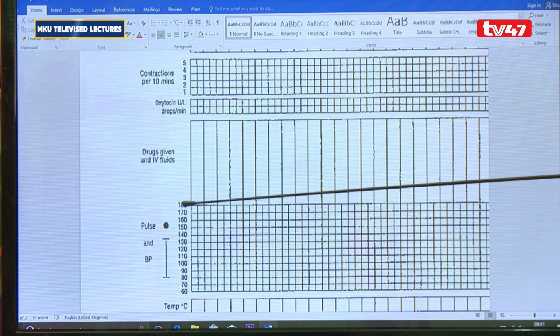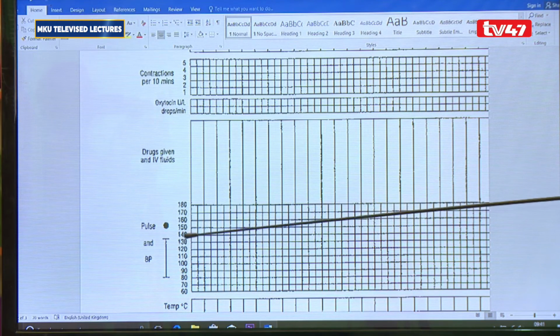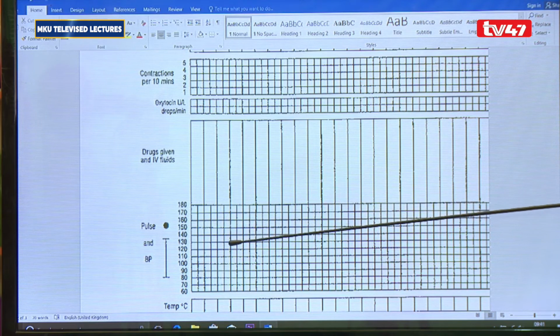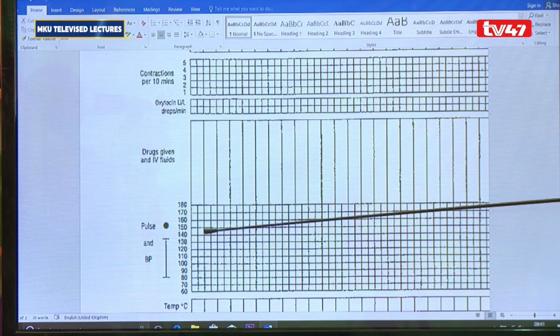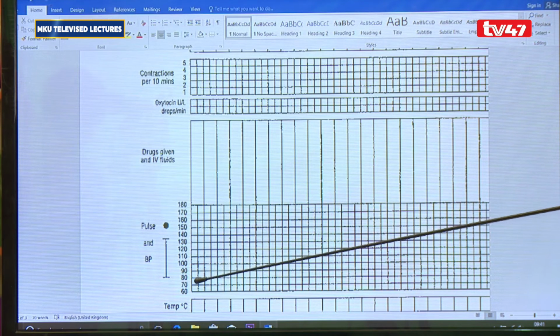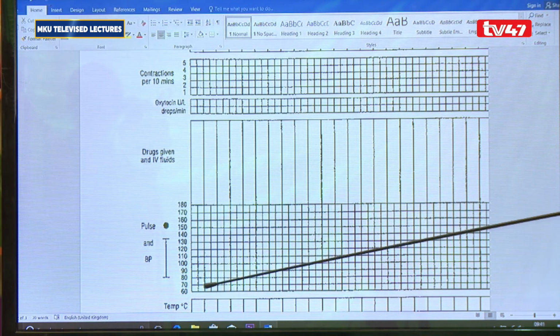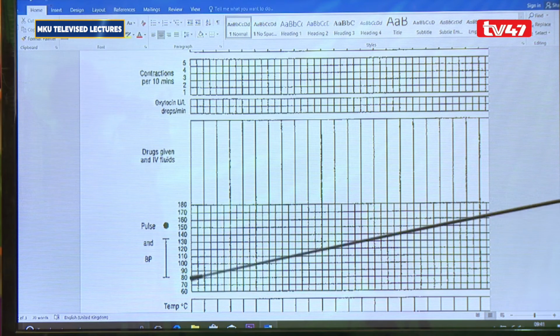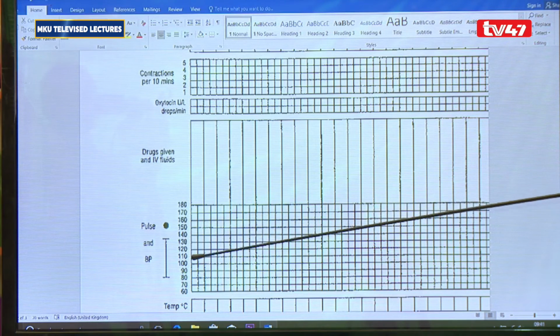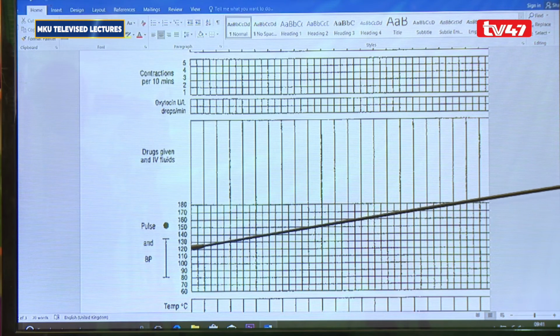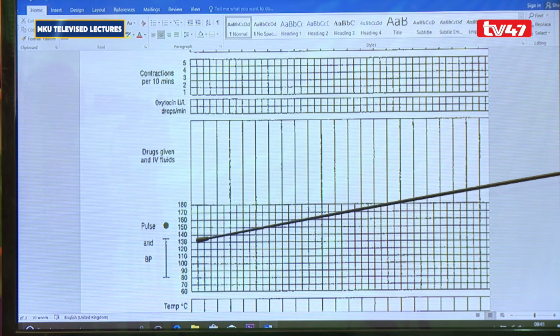So blood pressure is measured using a sphygmomanometer, and normal blood pressure is 110 over 70 millimeters of mercury. It may go to 120 over 80, of which now as midwives we must be extremely careful. All this is normal.